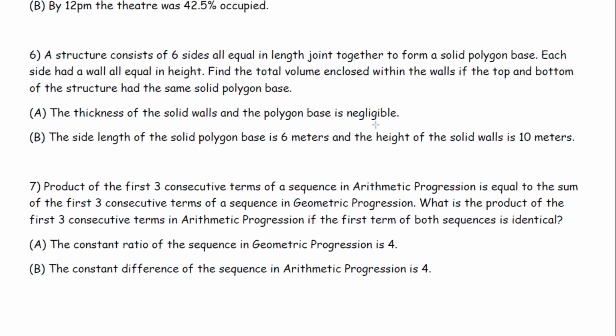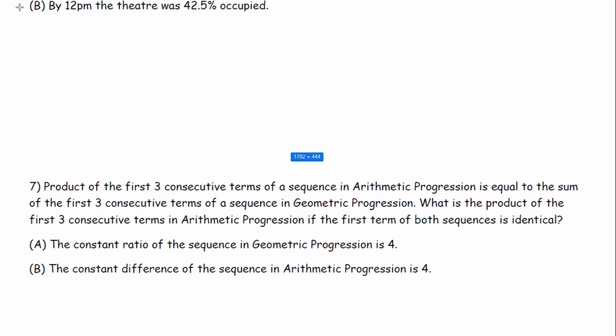Seventh one. Product of the first 3 consecutive terms of a sequence in arithmetic progression is equal to the sum of the first 3 consecutive terms of a sequence in geometric progression. All right.